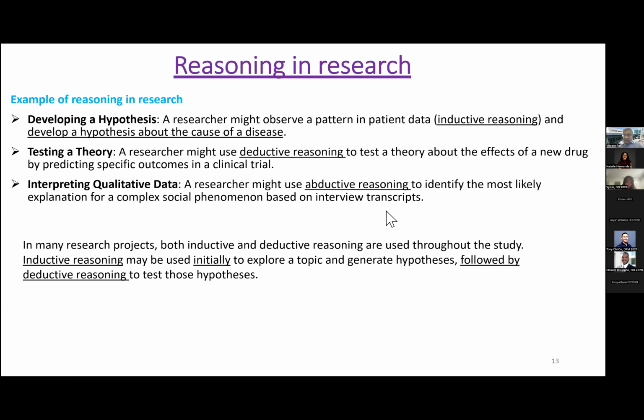Sometimes we can use both inductive and deductive reasoning. Initially we can use inductive reasoning for making a hypothesis, and then we test the hypothesis. That is deductive reasoning. So it may go side by side, or before and after, or in parallel also.